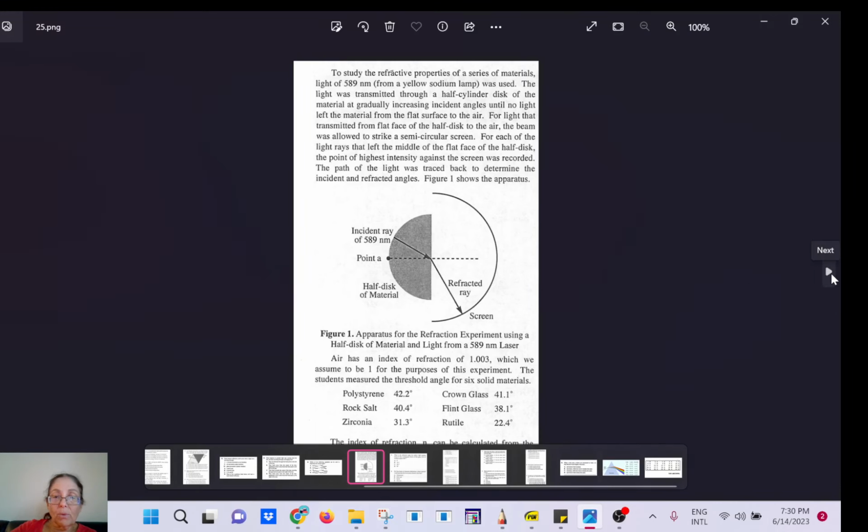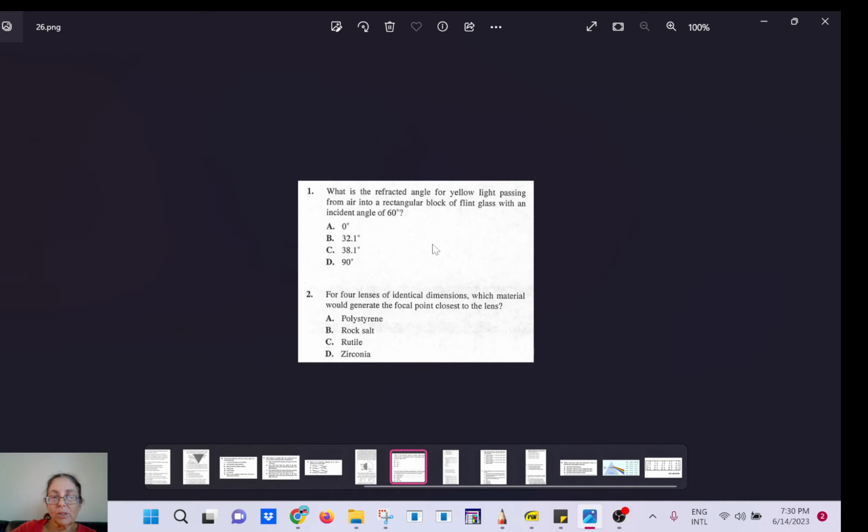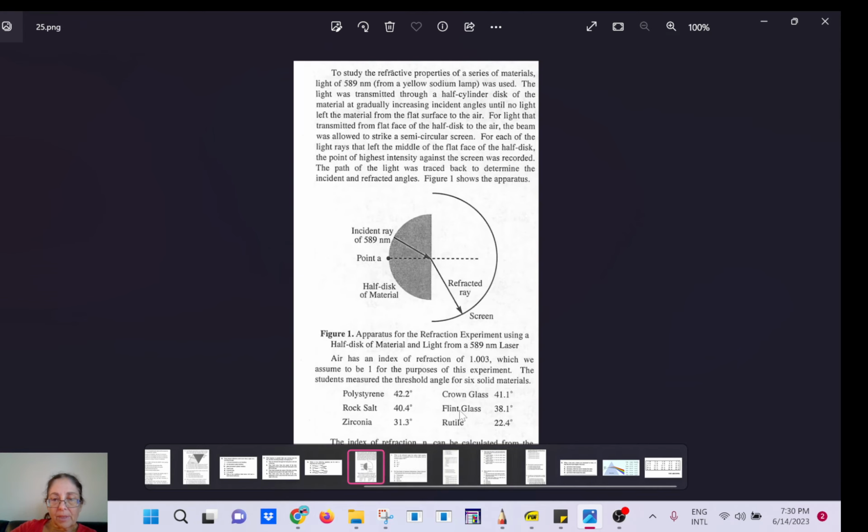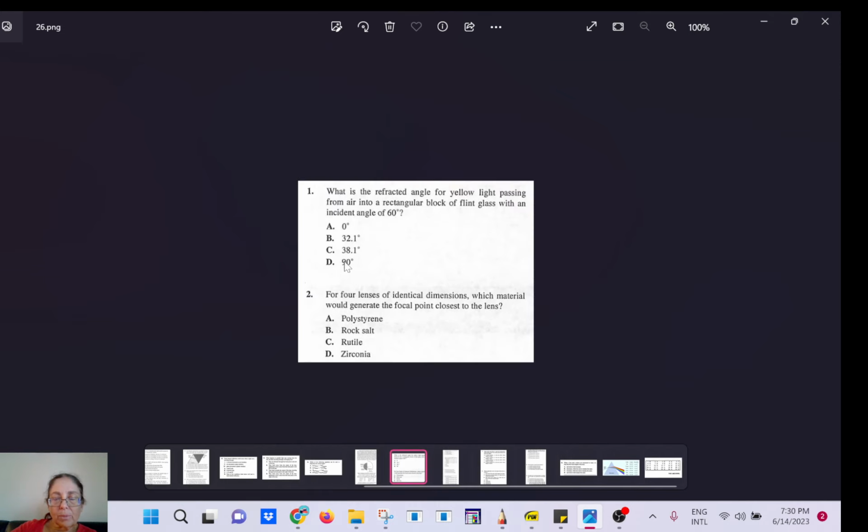So let's see, number one. Number one is tricky because they talk about flint glass. And if you go to here, you see flint glass critical angle is 38 degrees. So right away, you want to jump on that answer. But it says here, yellow light goes from air to glass.